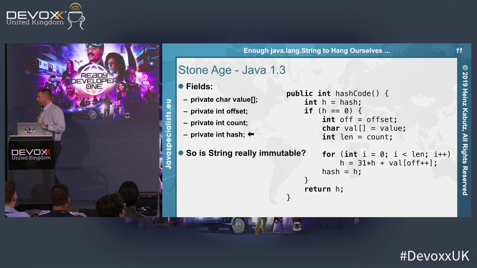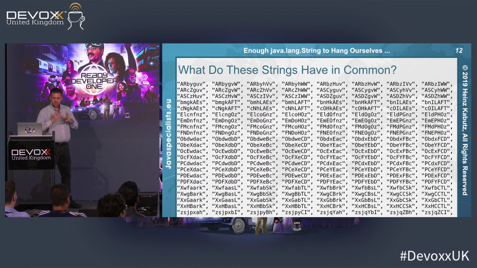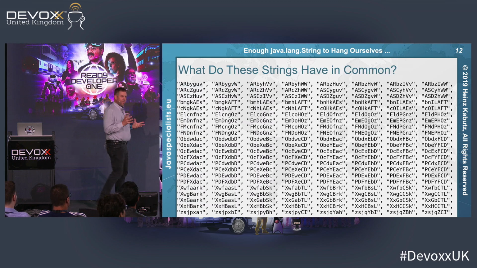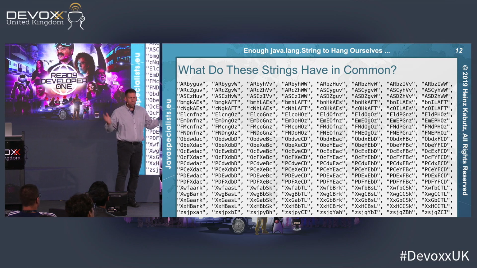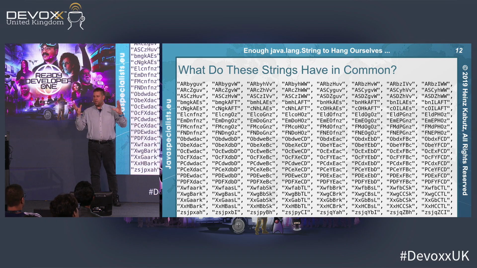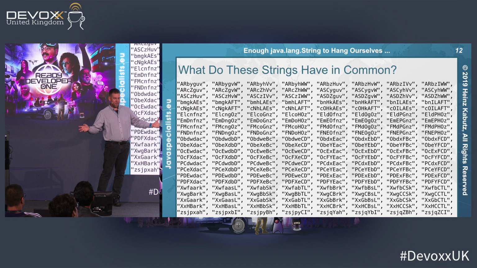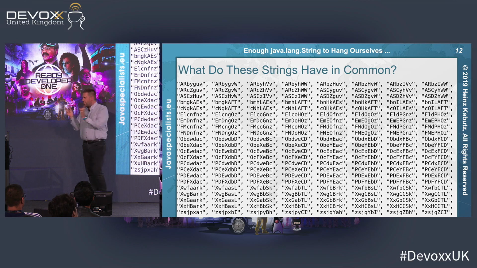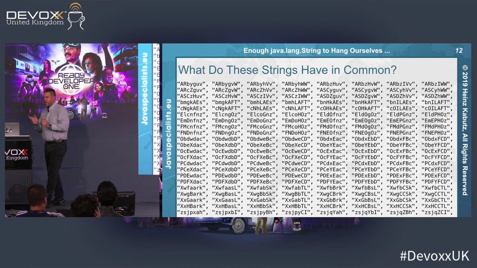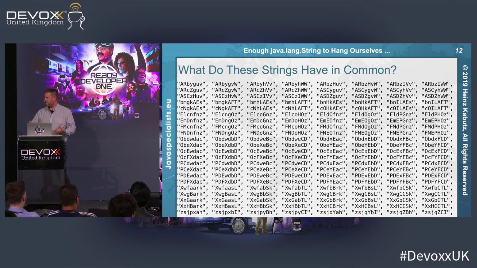The second problem with having it 0 is that if I've got a bunch of 0 strings, I can generate an infinite number of further strings that also have a hash code of 0. Because if I add 2 of these strings together, the hash code is again 0. Once you get back to 0, you start multiplying 0 by 31, it's 0 again, and you start from the beginning.